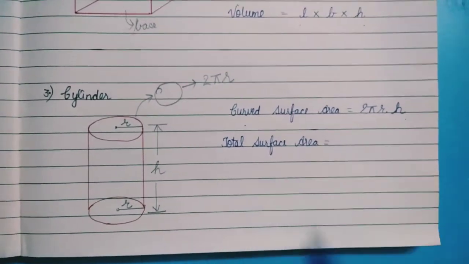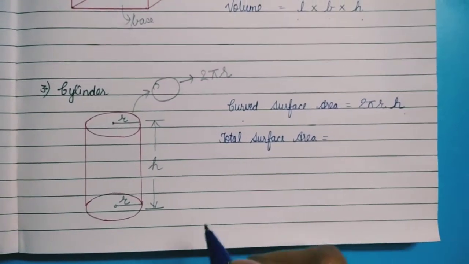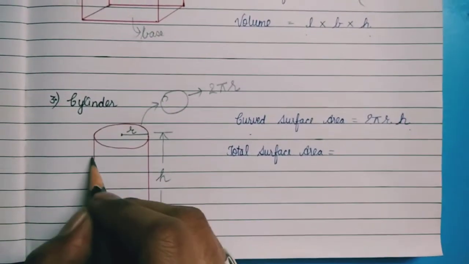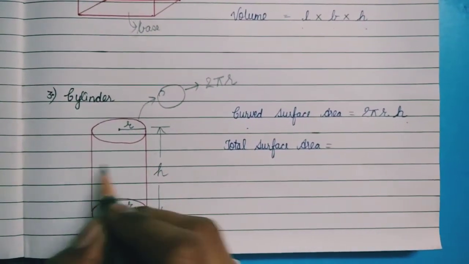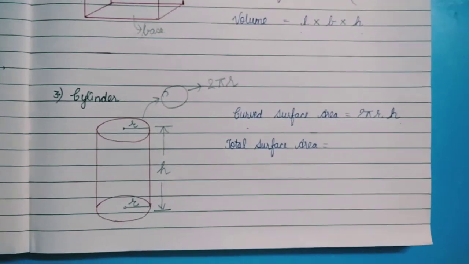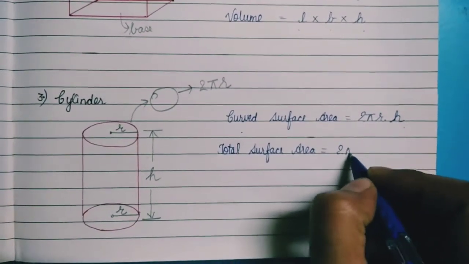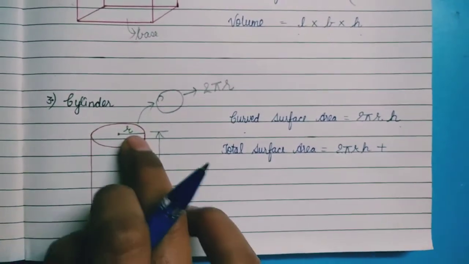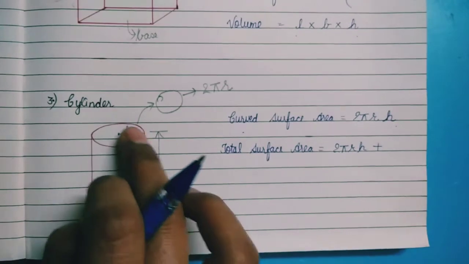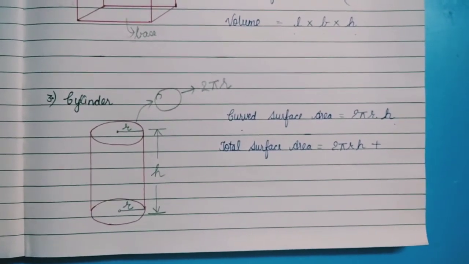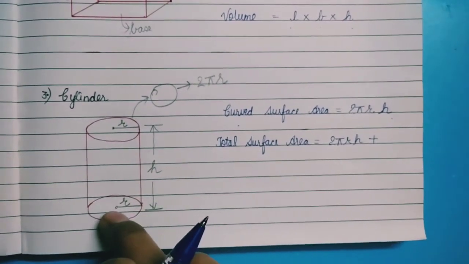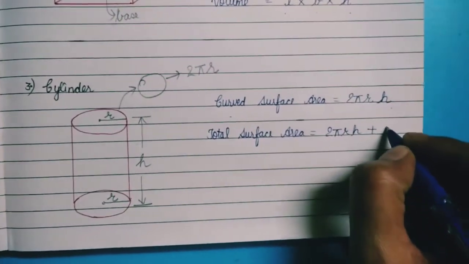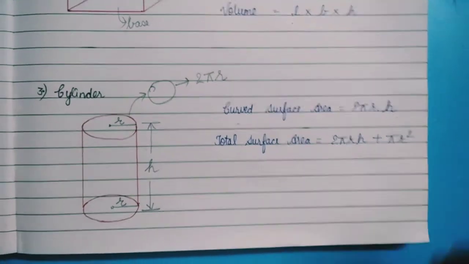Now the total surface area. For the total surface area you can simply see the curved surface area that we already saw is 2 pi r h, and the top and bottom are also having circular shape, and their area we can write as pi r square.